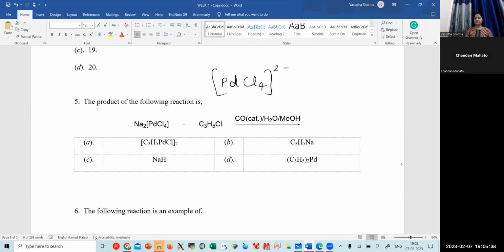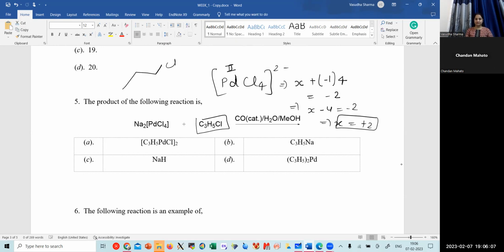If I ask you to calculate the oxidation state of this palladium, what would it be? If we take the oxidation state of palladium as X, Cl will give you a -1 charge because they are 4 in number, and outside it is -2. If you calculate, X minus 4 equals -2, so X equals +2. So here your palladium is in the +2 oxidation state, and when it is reacting with this allyl halide, this is nothing but this.